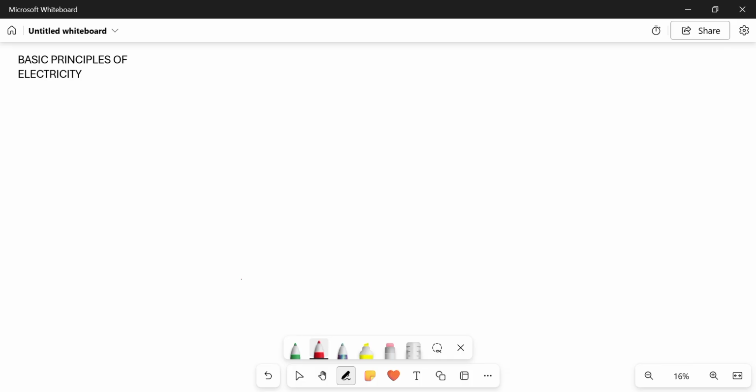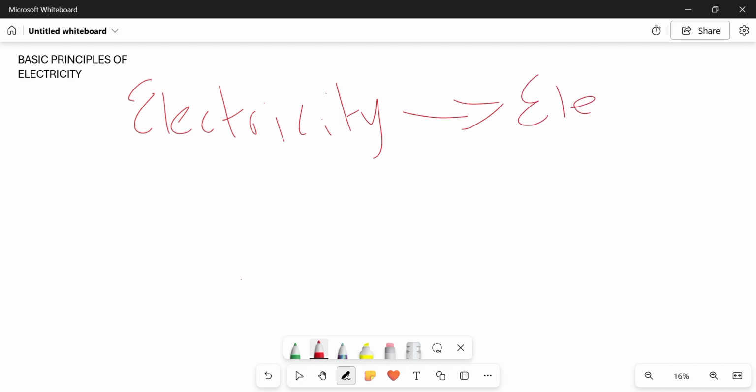We will have to define electricity. Electricity is the flow, I'm gonna represent it by an arrow, of electric charge.